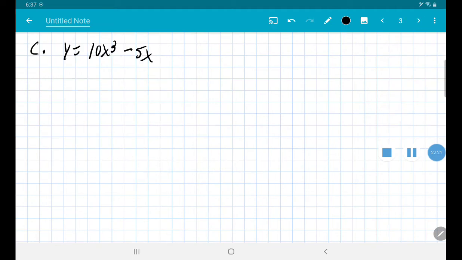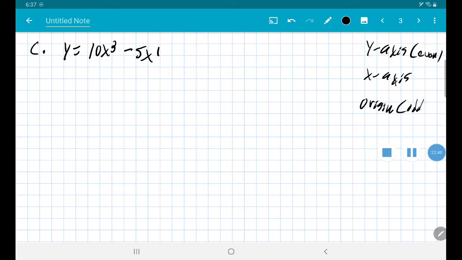Hopefully you kind of get the idea of what's going on. If you want to pause and work through each one, you can. I'm not going to go through each and every test. Actually, I'm going to do it one last time here. Again, 5x is like saying 5x to the 1, if that makes you happy. Again, we're testing for y-axis or even functions, we're testing for x-axis, and we're testing for origin symmetry, which is an odd function.